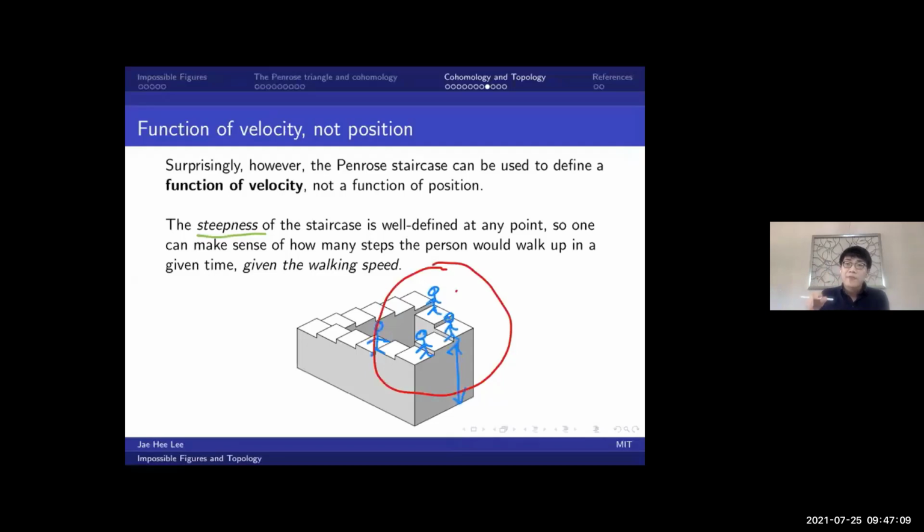So if you know how fast you're walking up this staircase, you know how high you're going to rise in some given time. So in this sense, the Penrose staircase gives you a function of velocity, a function of the speed at which you're walking up the stairs, but it doesn't give you a function of your position on the circle, on the staircase.